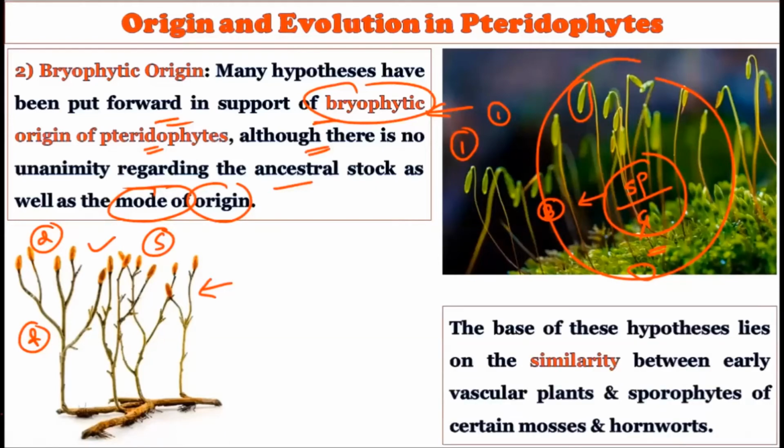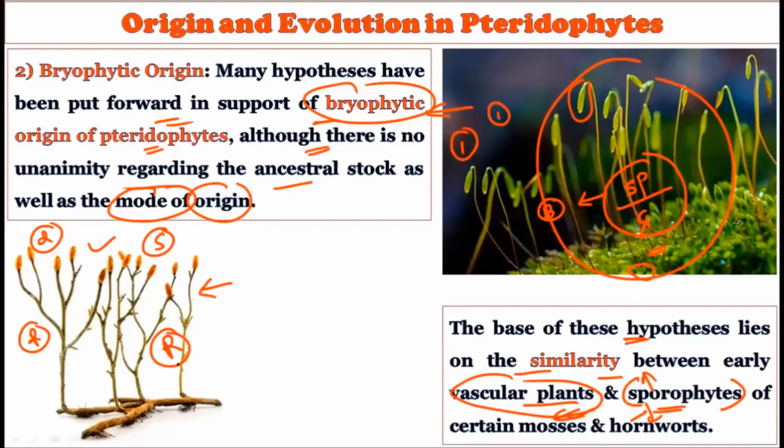Now consider, the basis of this hypothesis lies on the similarity between the early vascular plants and the sporophytes of certain mosses and hornworts. If you consider the sporophyte of mosses and hornworts, this sporophyte and the early vascular plant show remarkable similarity. When we talk about the early vascular plant, Rhynia is the prime example.